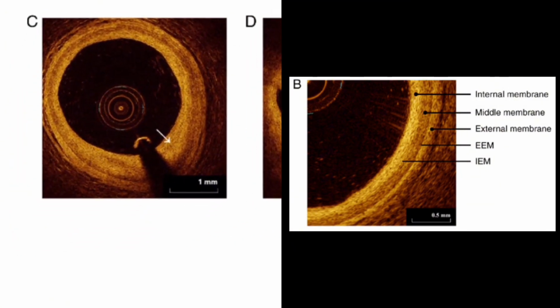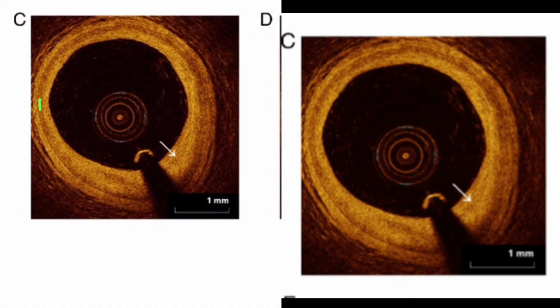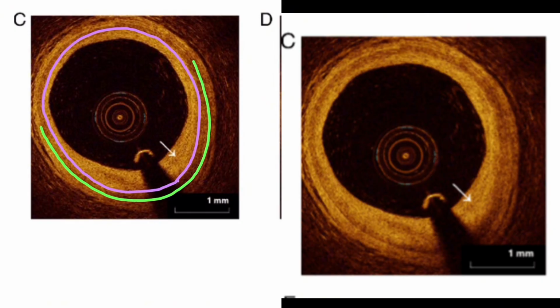So let's use this as an example. Can you see the dark band around? This is the media. The difference would be, let me measure from the internal for a second. Say I thought, oh, that's the start of the media, but where I actually want you to measure is the external elastic membrane.